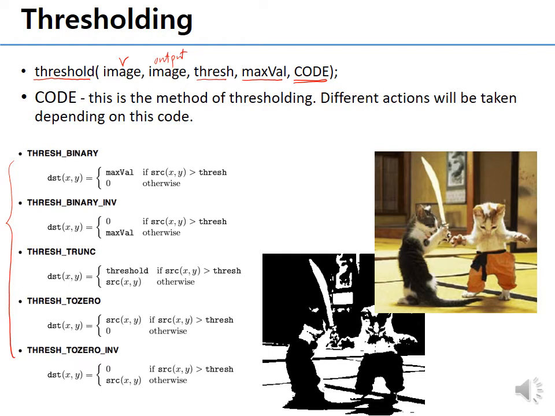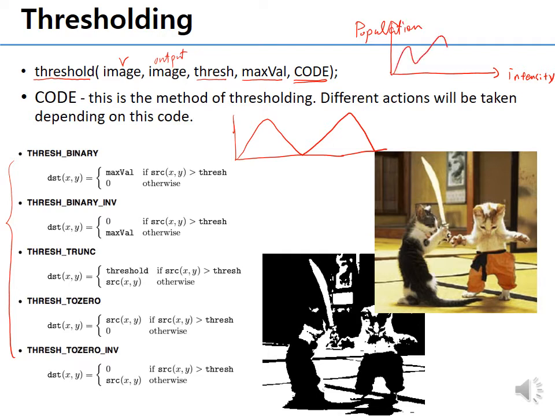Threshold binary. If we have an image like this, actually we deal with the histogram. This is intensity, and this is the population. So we can have a threshold value here.